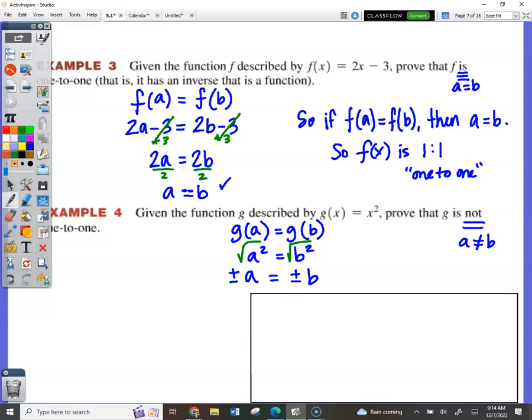Does negative a equal positive b? No. So it's too ambiguous, right? So in this case, a does not equal b because they have positive negative signs. So here's what we would say to ourselves. No. In this case, g of x is not 1-to-1.